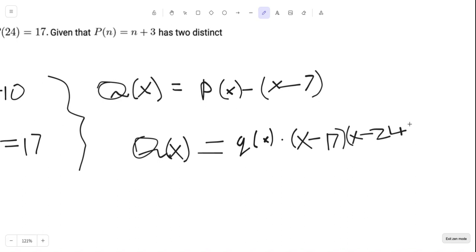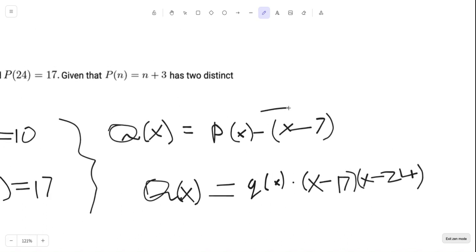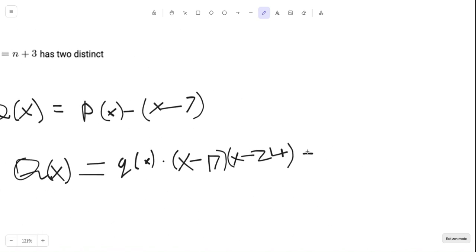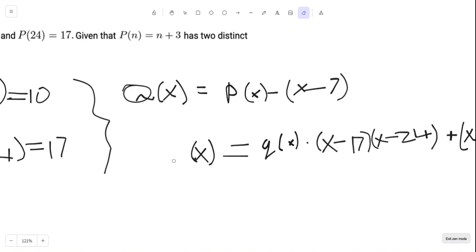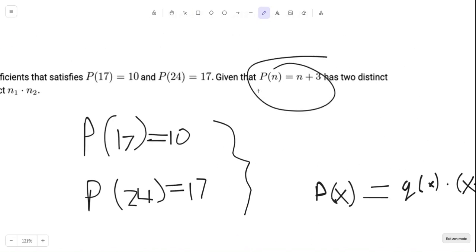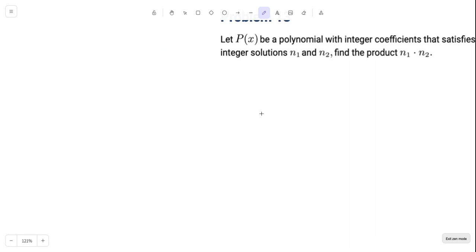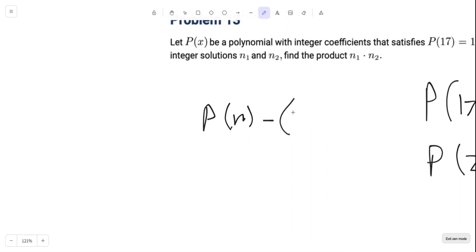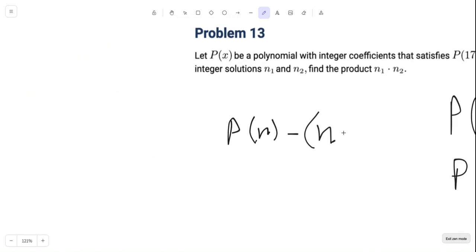And now to get p of x, we can add back x minus 7. Alright, we have this equation for p of x. Next, if it has two integer solutions, that just means p of n minus 3 more than n is zero.